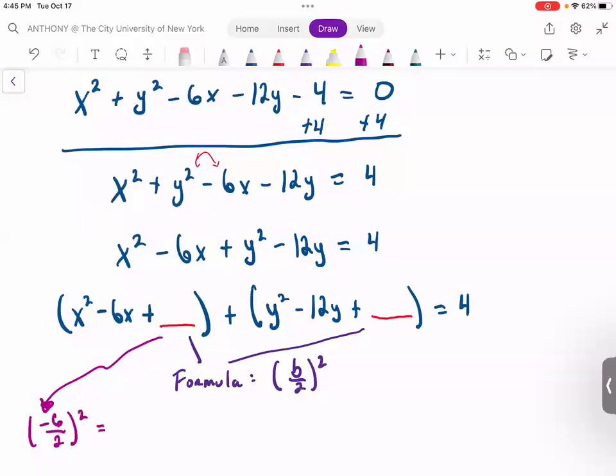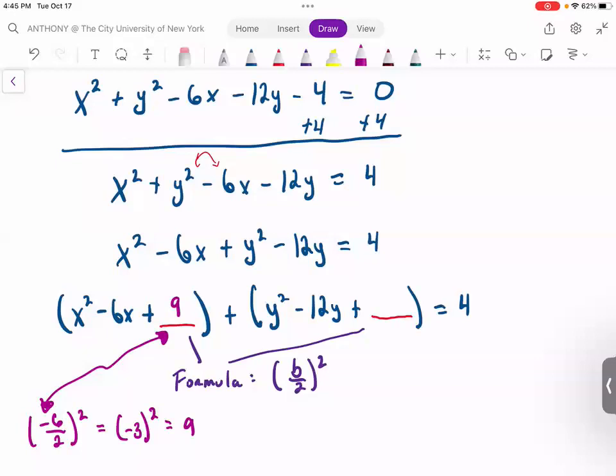So what is -6 divided by 2? -3. Then we square it. So what's -3 squared? 9. So in that first blank should be the number 9.